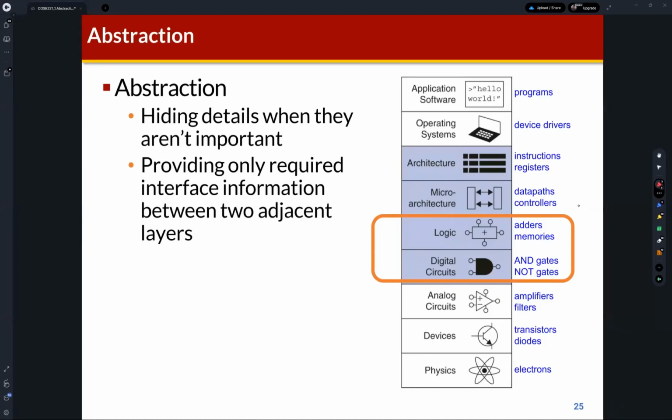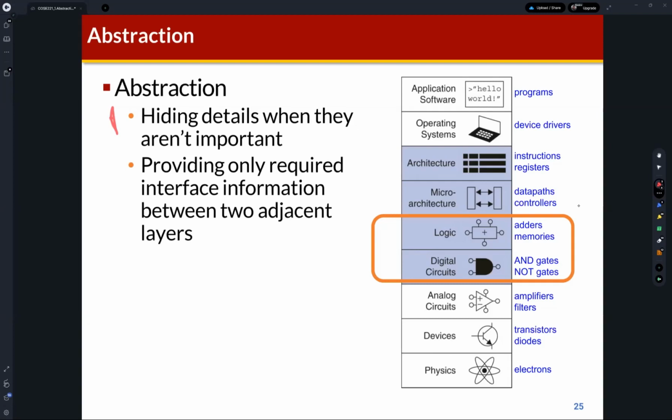So this is the definition of abstraction: hiding details when they aren't important. Actually, we don't need to understand how cars work for driving. We don't need to understand the detailed mechanism of a car system. It's the same for digital systems. I mentioned that digital systems are very complex systems, but we don't need to understand the details of digital systems.